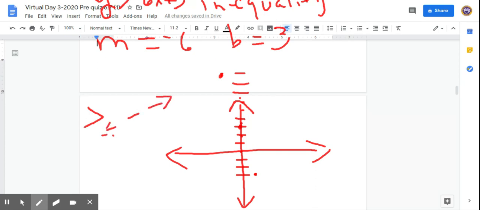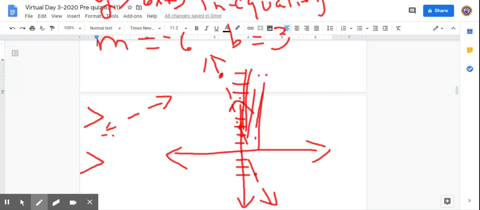So we're going to put a dotted line connecting all our points. Now we have to decide whether we're shading above or below. Greater than. Where does y get greater? Y gets bigger as it moves up the axis. So you're going to shade above the line.